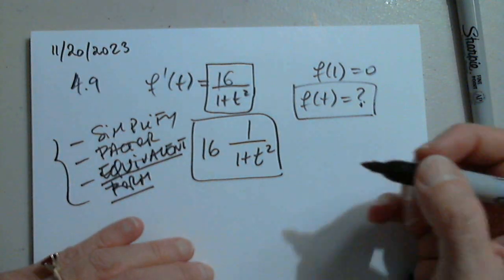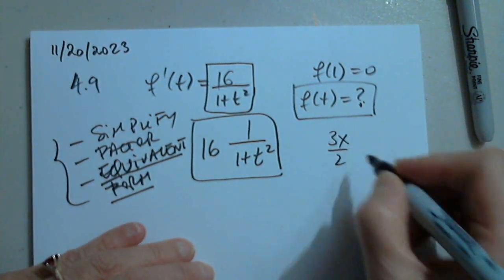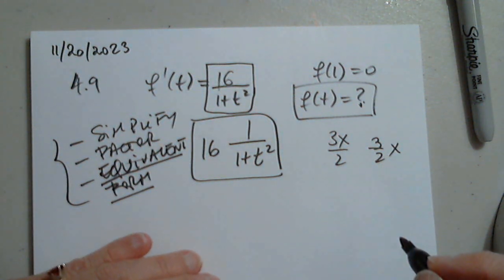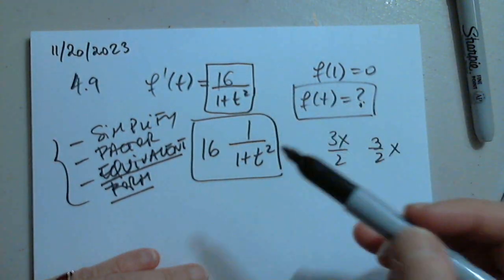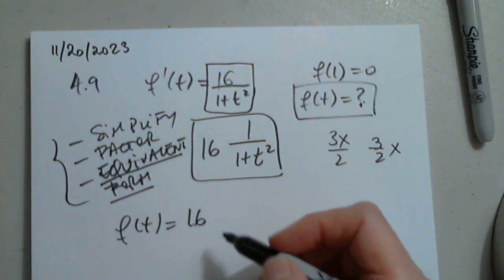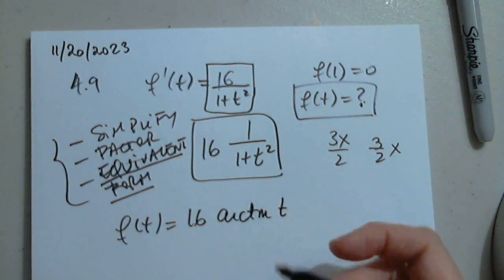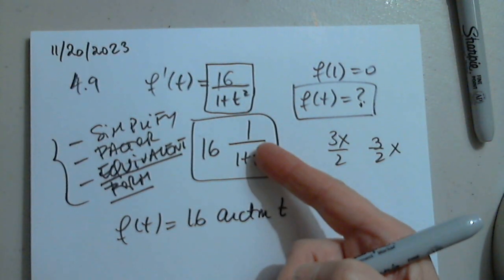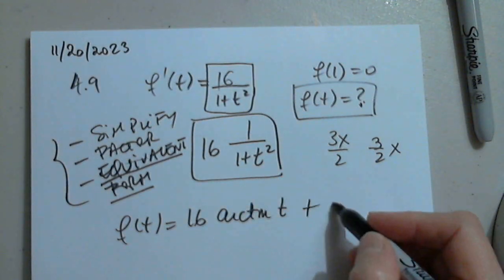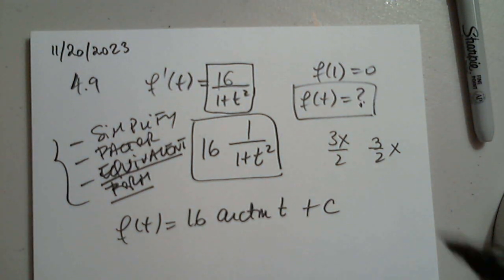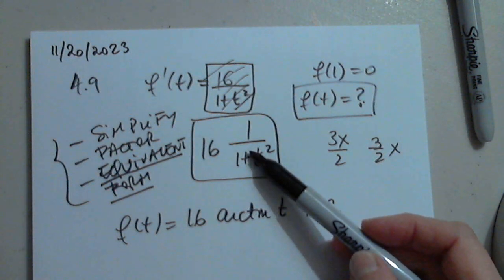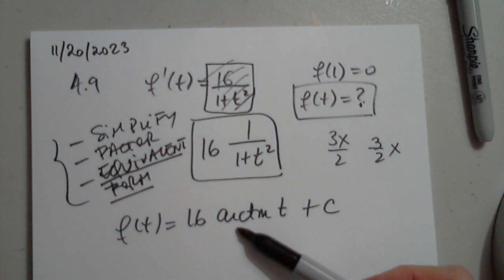So for example, if I have 3x over 2, I do see 3/2 x. When I see 16 over, because when I find f of t, 16 is outside, and I know that arc tangent t is this. Arc tangent prime is this, plus a constant c. But if I don't see this when I look at this piece, I may have difficulties in understanding where this is coming from.